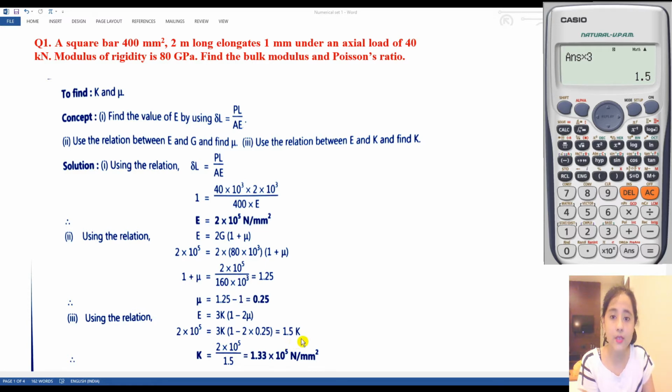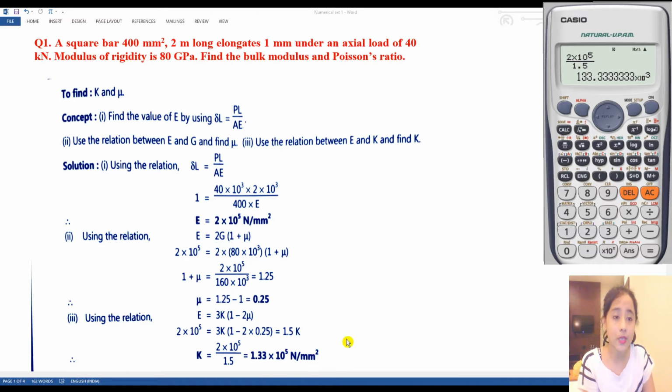Now यहाँ से हमें सिर्फ we need to find the value of K. तो क्या K क्या होगा? K will be equal to 2 into 10 raised to power 5 divided by 1.5. So this is the value of K. Okay, so if you do this, it is coming 133.33 into 10 raised to power 3 Newton per mm square.